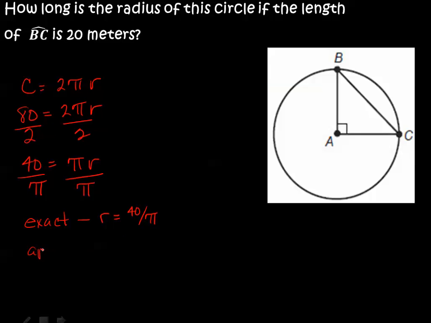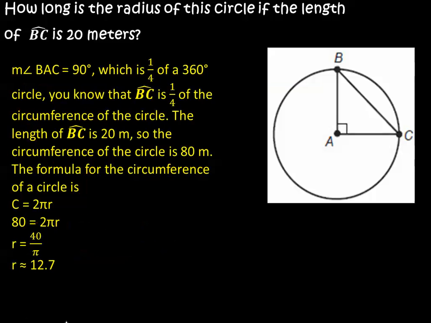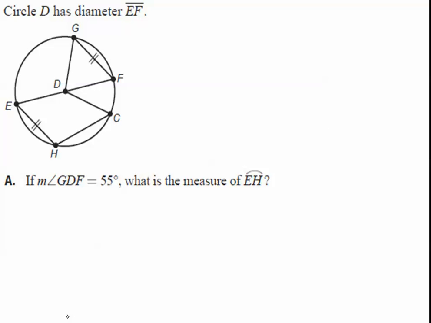If we want the approximate, hope you're remembering how this works, we put the squiggly lines, and 40 divided by pi is going to give me approximately 12.7. Okay, let's go on to another example. There's the official answer that will be posted in Doc Sharing.